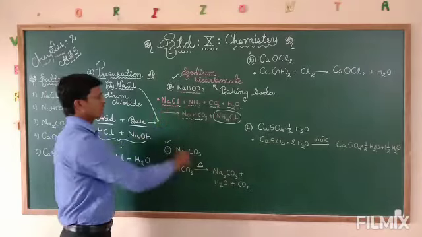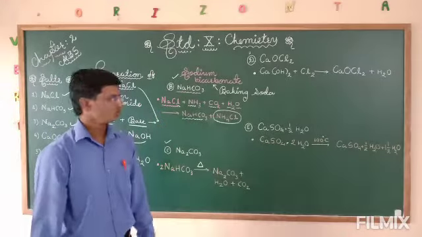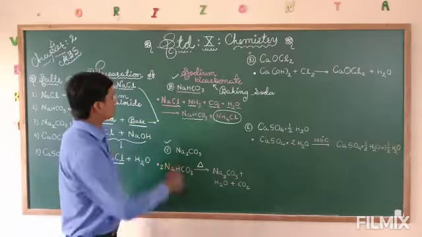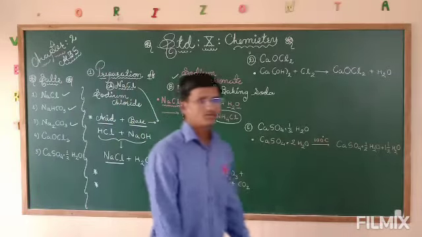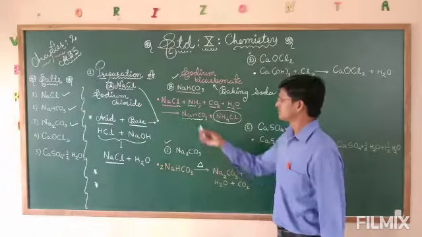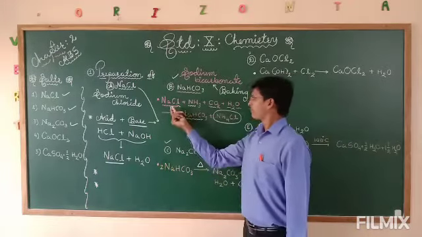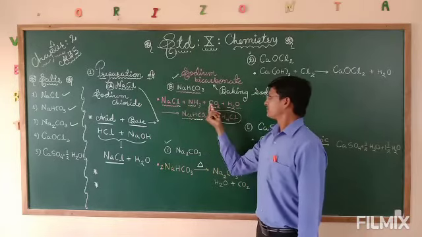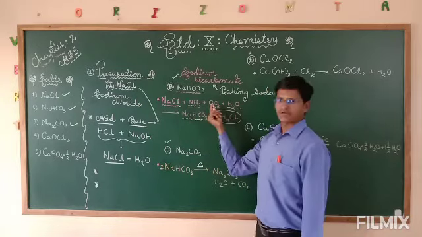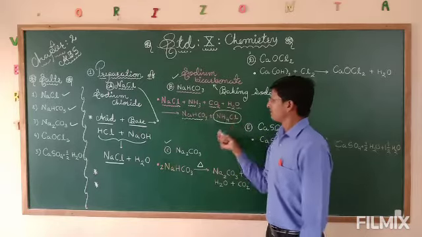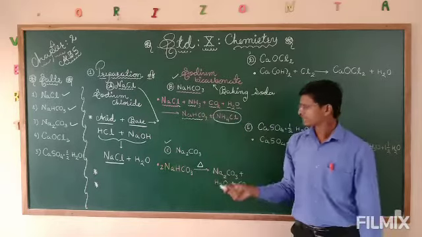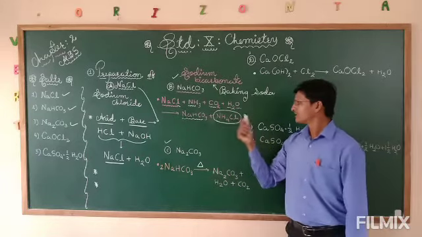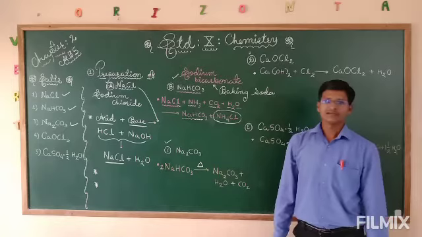So we have to use this formula and write this equation in the exam. To remember it in our words: sodium chloride and ammonia react in the presence of carbon dioxide and water. It will give a product, sodium hydrogen carbonate, and it will liberate ammonium chloride as a byproduct.